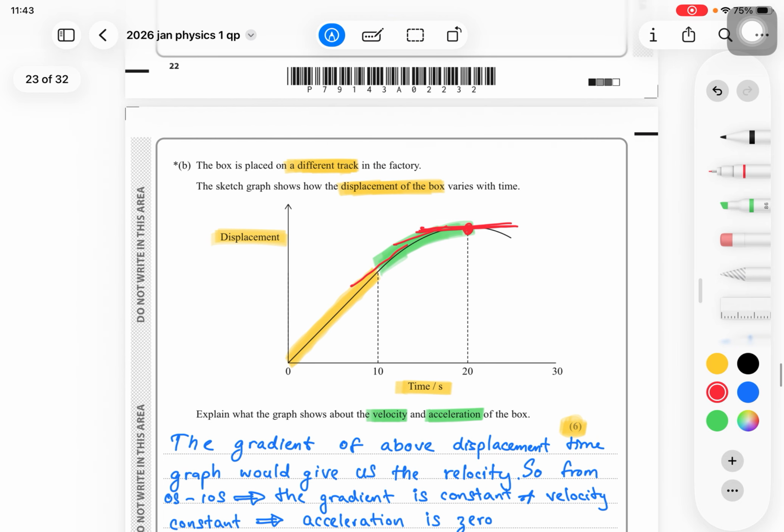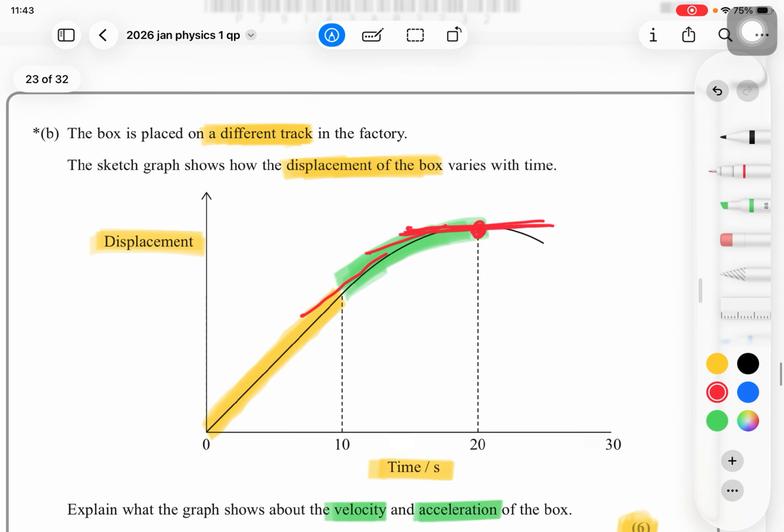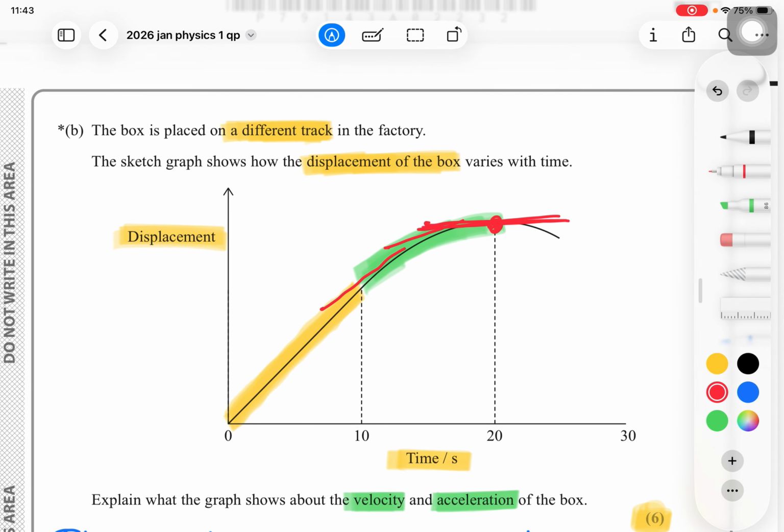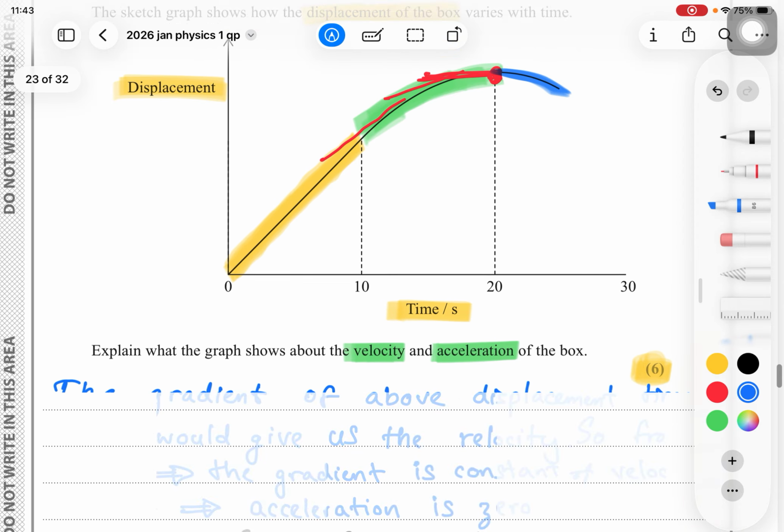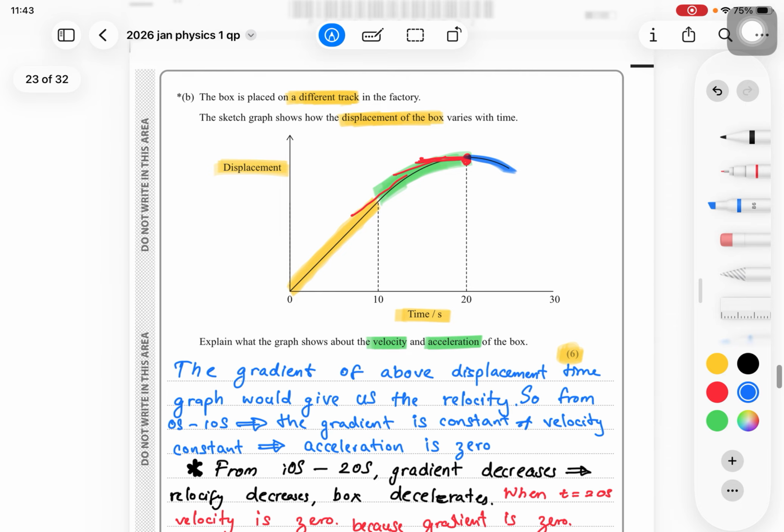No, it's not, because this graph has a little bit more as well. If I just clean this mess, if we look properly, there's a range after 20 seconds as well. After 20 seconds, you can see the displacement reduces back. So displacement is going to come back.